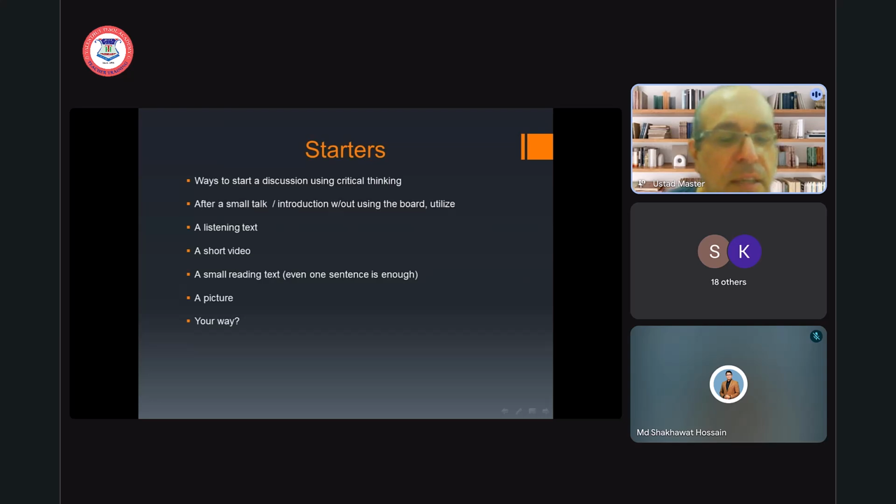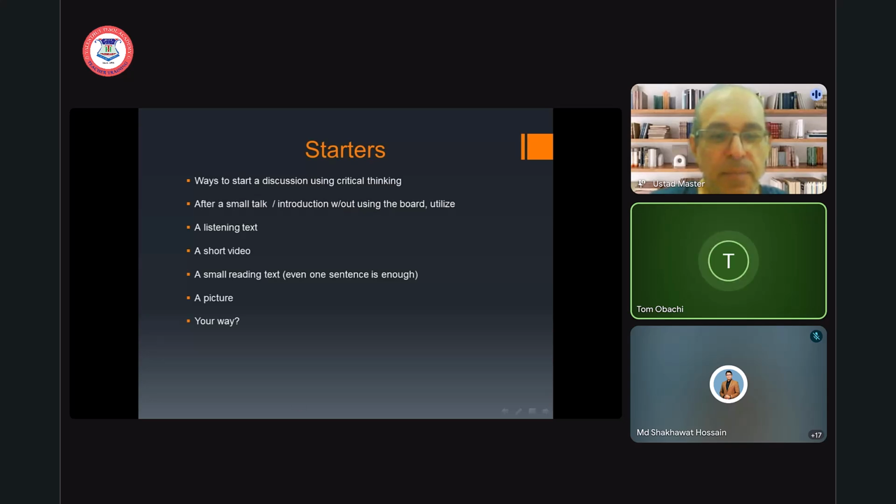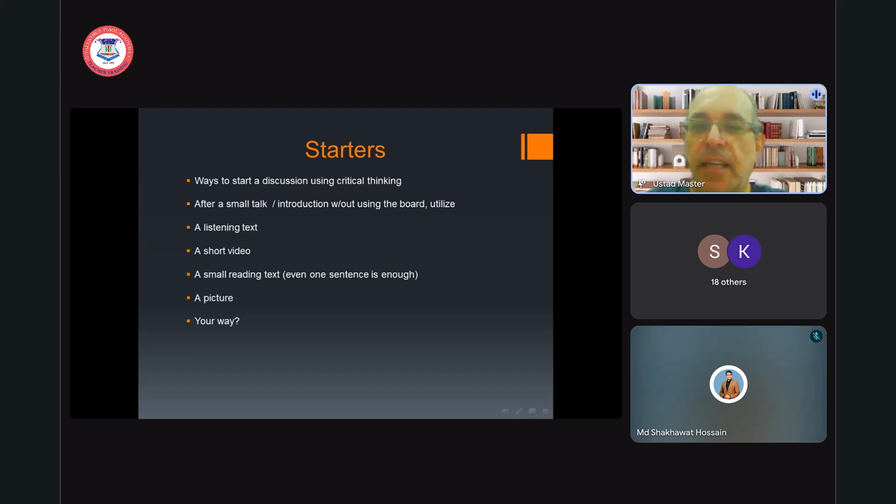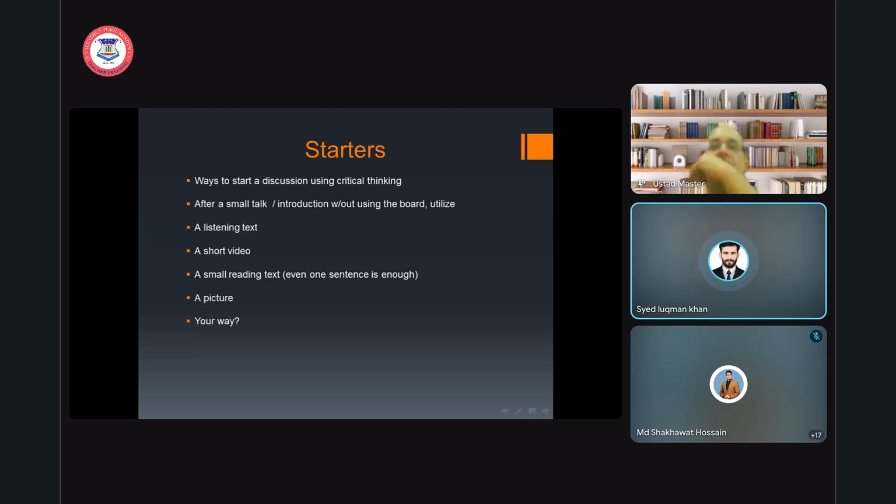dear attendees? Do you have any other way of starting a critical thinking task? Yes, you can use probing questions. Yes, thank you. It's all in the form of brainstorming, like we can make students generate their ideas openly.